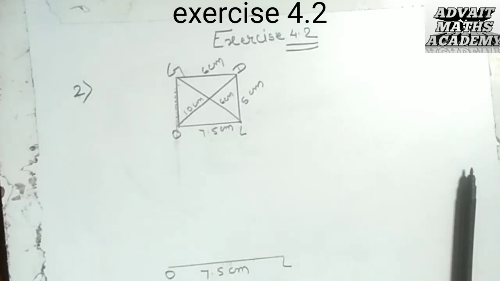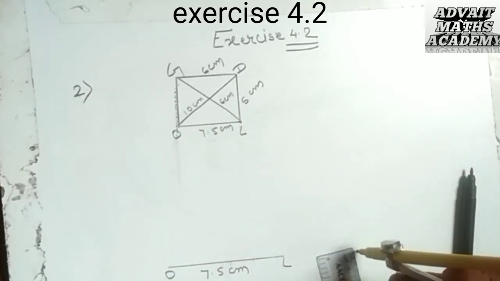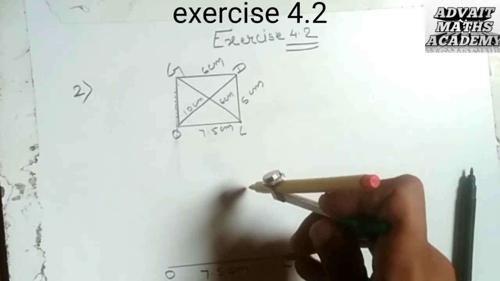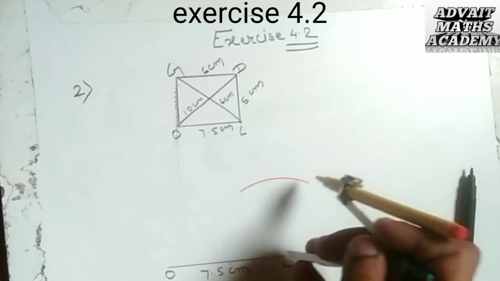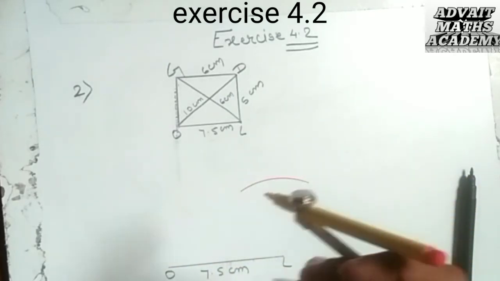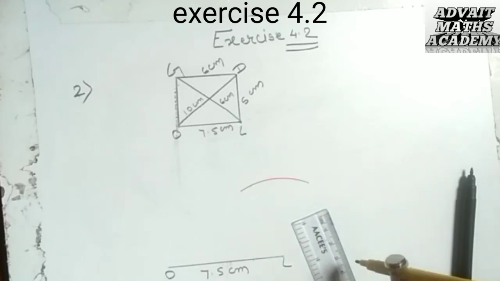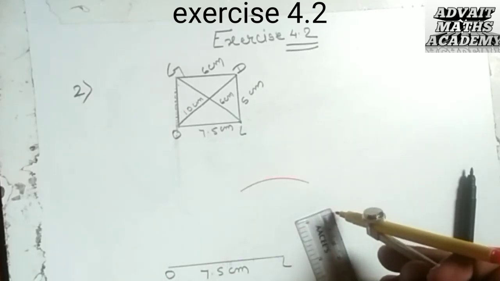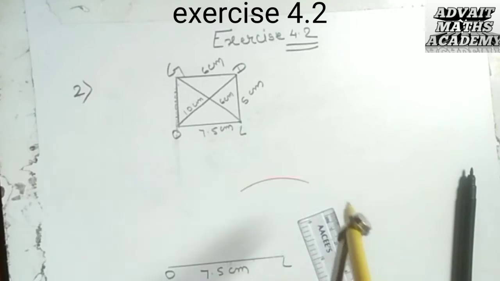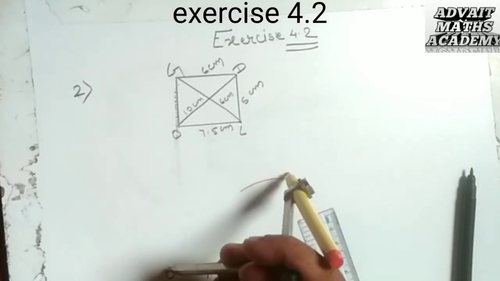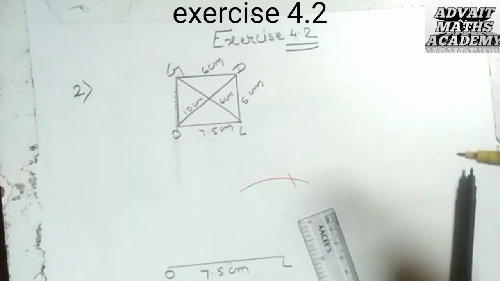Then take a distance 5 centimeter in your compass and make the arc from L. Similarly, take a distance 10 centimeter in your compass and from O, mark it and intersect the arc.